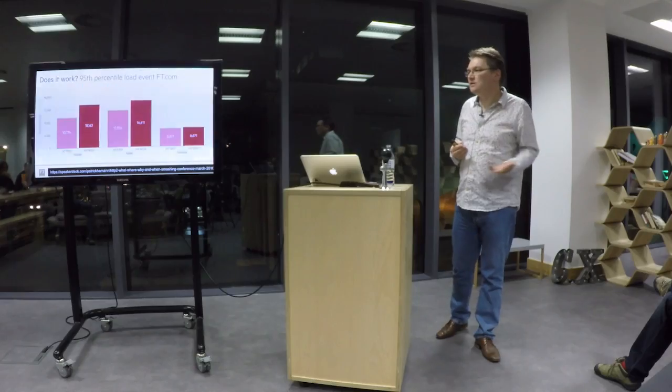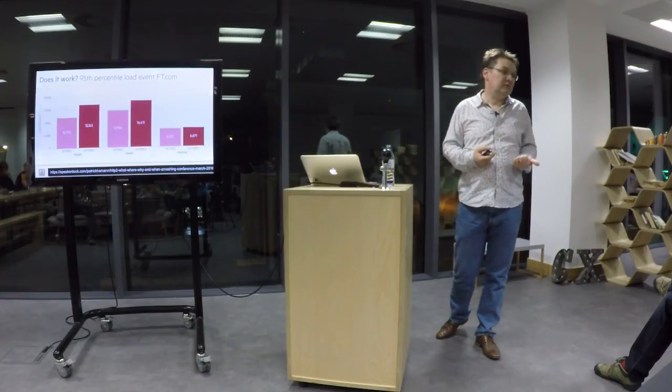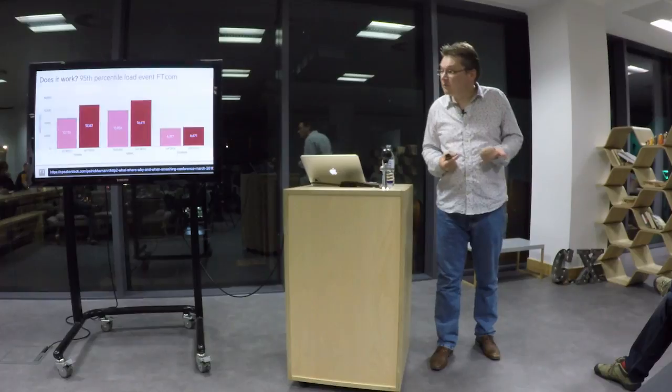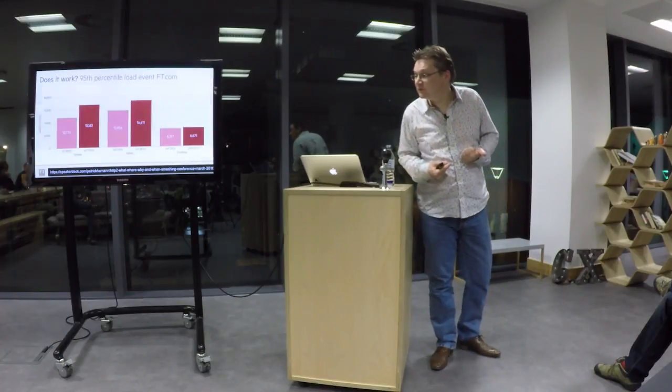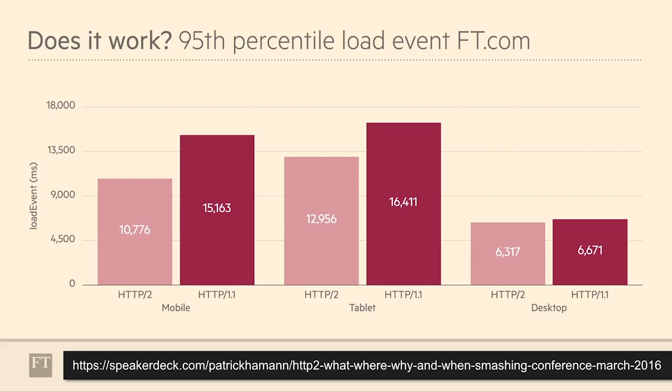In the real world, on mobile, H2 is delivering a faster experience to the FT's mobile customers. It's the same on tablet. Well, the tablet's slightly slower. And on desktop, for various reasons, whether it's the quality of desktop connections, fixed line connections, or the power of the desktop devices, they're roughly the same.